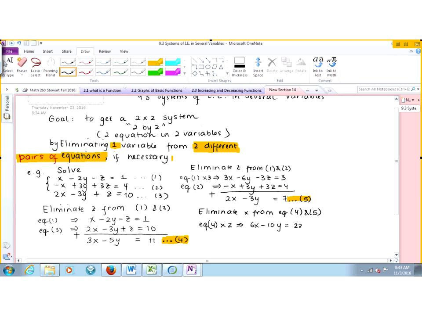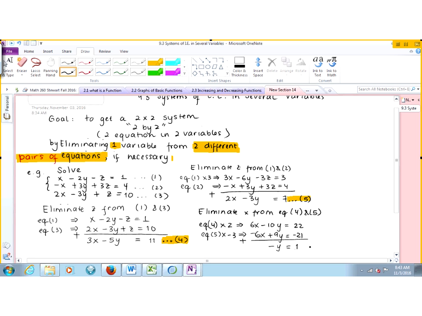So 6x minus 10y is 22. Now what do we do to equation 5? By negative 3. Yes, you're right. Negative 6x plus 9y is negative 21.